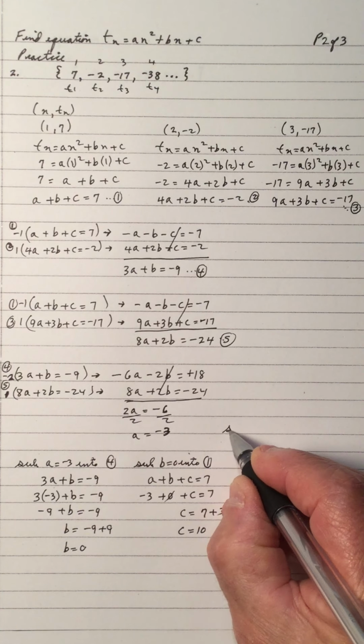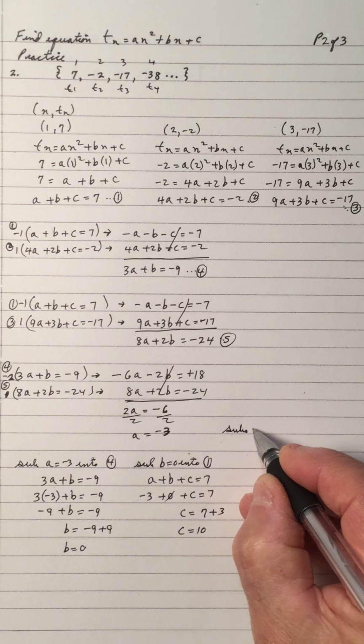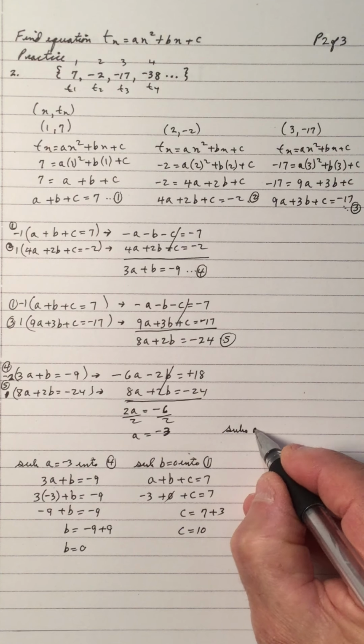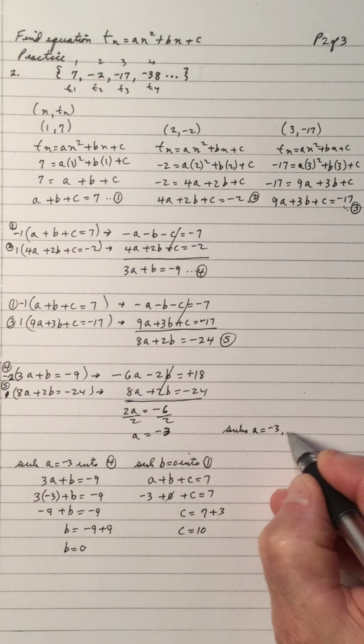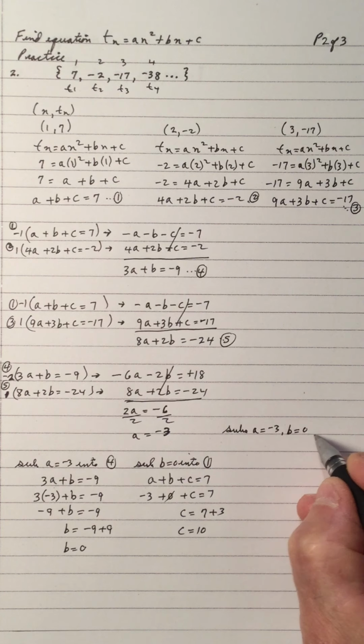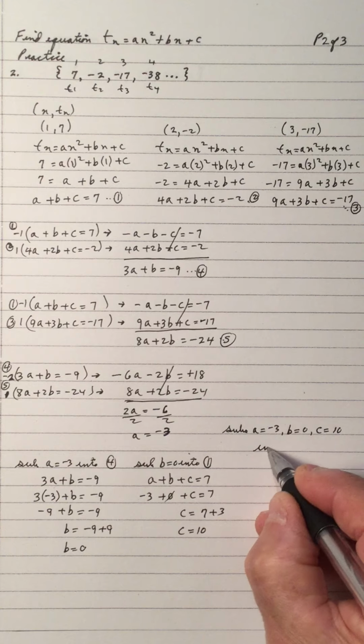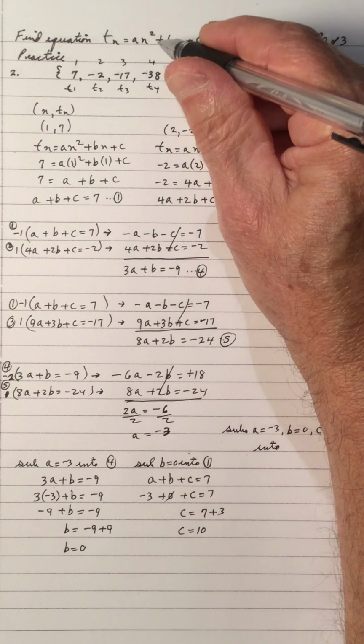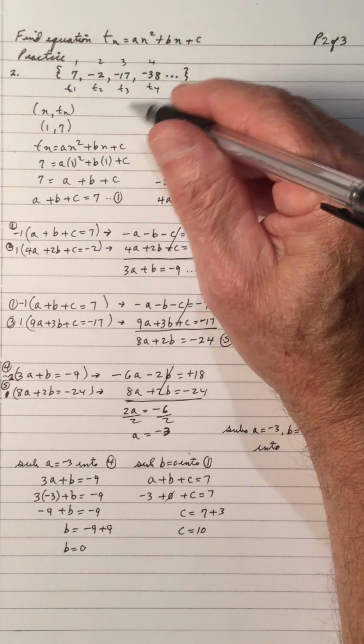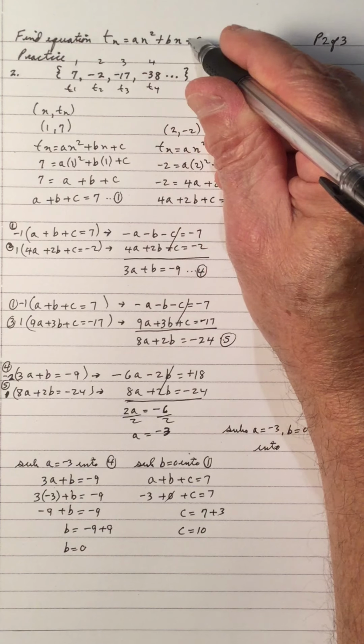So I'm going to sub A equals -3, B equals 0, and C equals 10 into the initial equation, the equation right at the beginning.